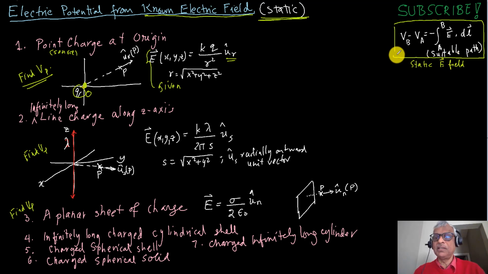If the electric field depended on time, then this would not be minus del V of r, t. So this would not be correct.